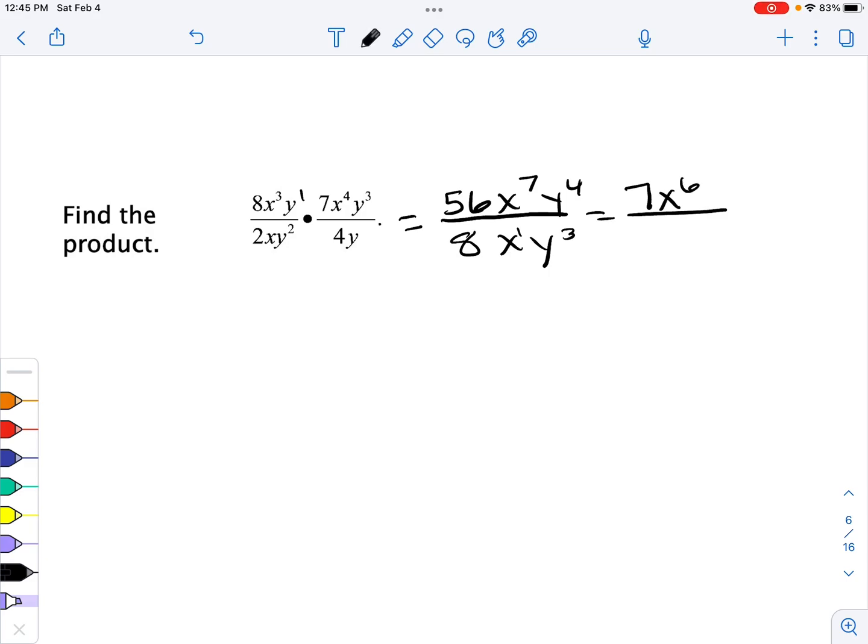And then for the y's, there's 4 on top and there's 3 on the bottom. And the shortcut is where you subtract the exponents. And it's just going to be y. Now let's do the excluded values. Since we canceled out some x's here, and we canceled out some y, x cannot equal 0, and y cannot equal 0.